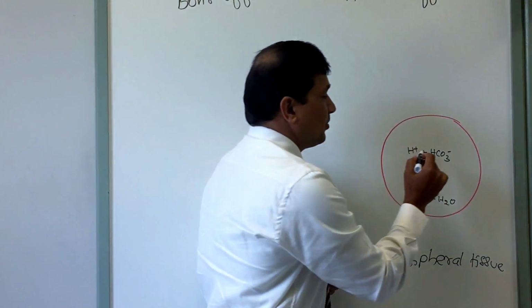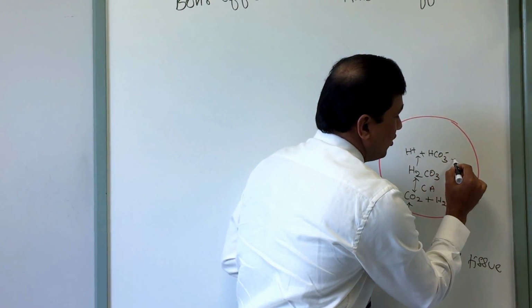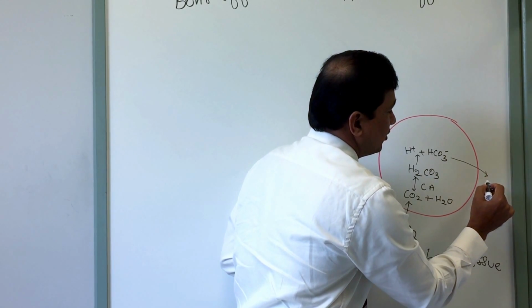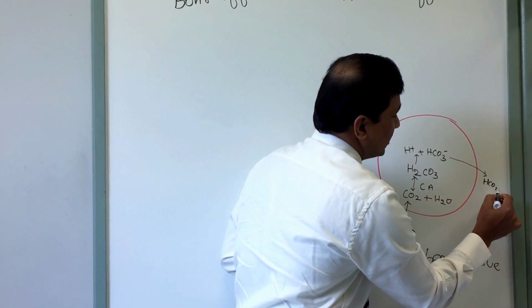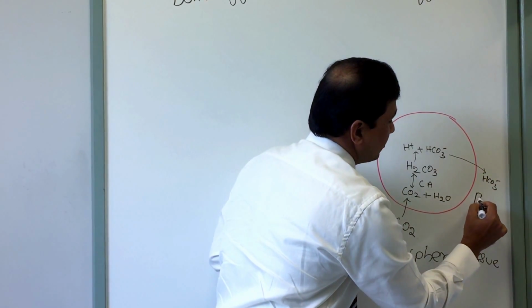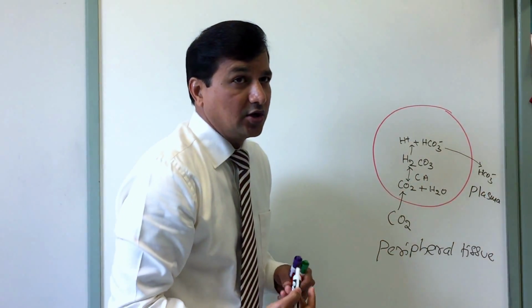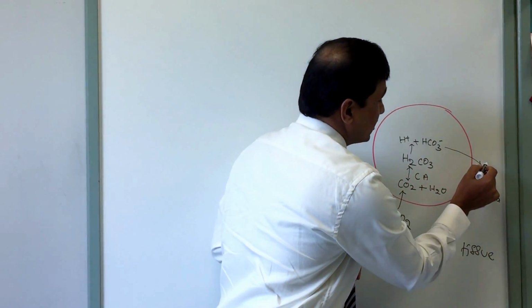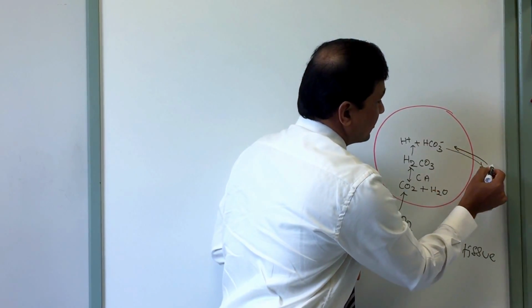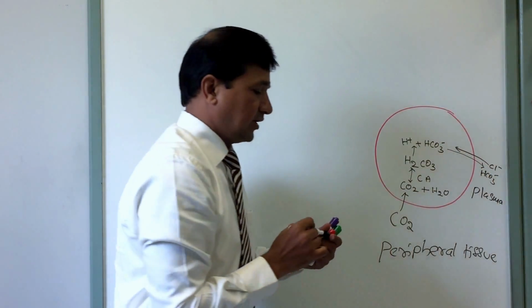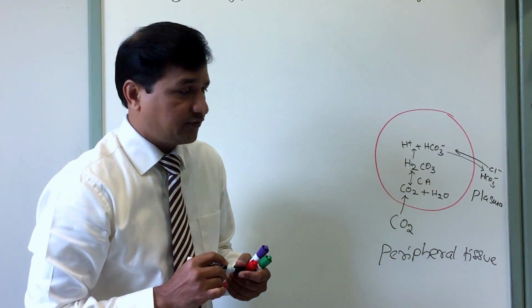Now this bicarbonate is going to go out of the red blood cell into plasma. HCO3- gets out into plasma, and as the bicarbonate goes out, chloride comes in, and this is what is referred to as the chloride shift.